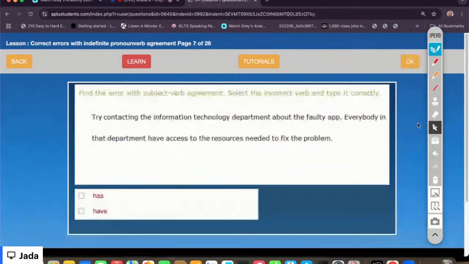Alright, so try contacting the information technology department about the faulty app. Everybody in the department has access to the resources needed to fix the problem. Has or have? What do you think?